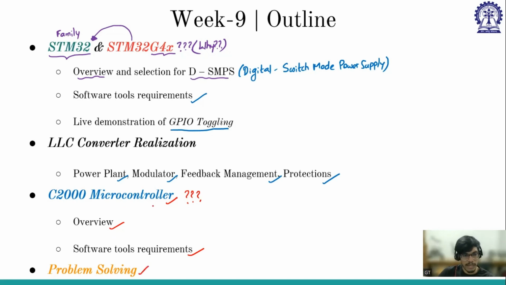So this week is mainly an introduction for you to know about microcontrollers, what types are available, what their specifications are, where they are used in real-life products, what differences they are making, and what advantages they offer. You are free to choose any microcontroller based on your comfort and convenience.